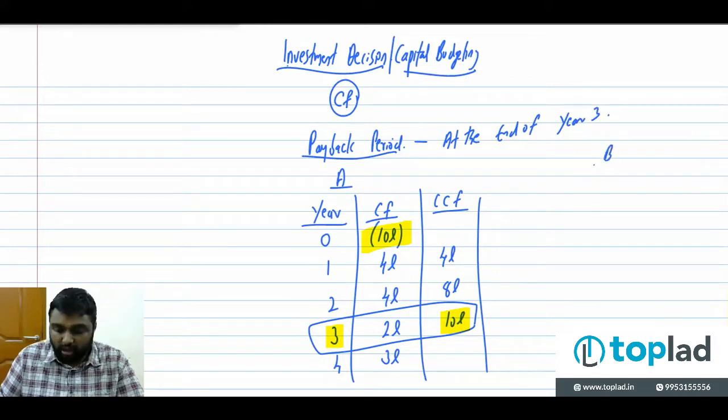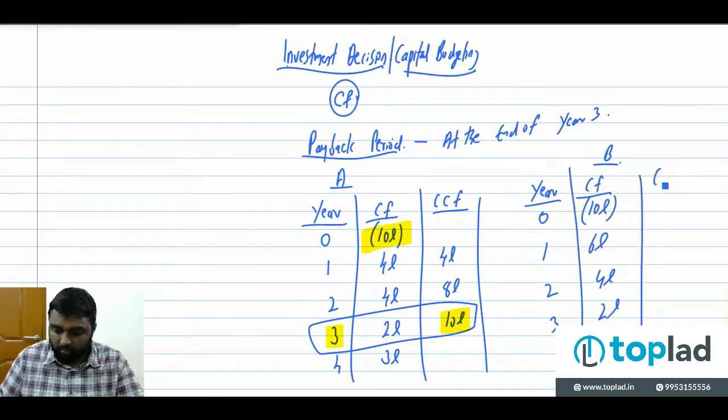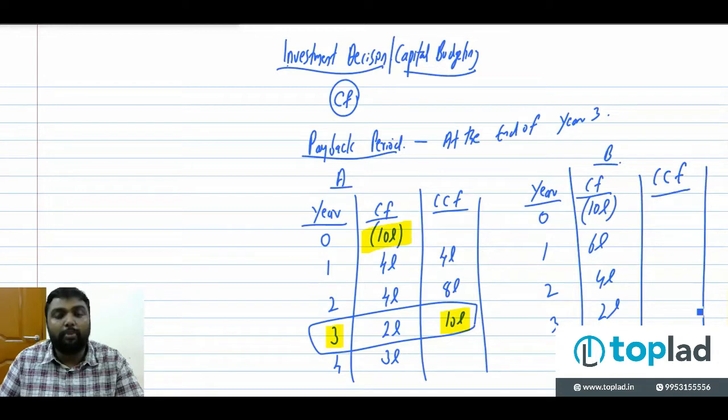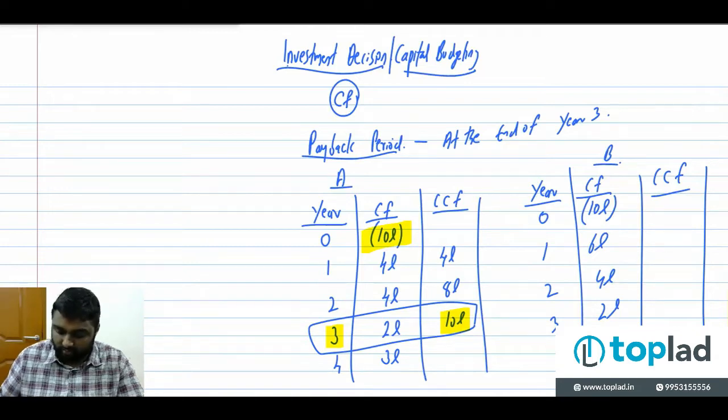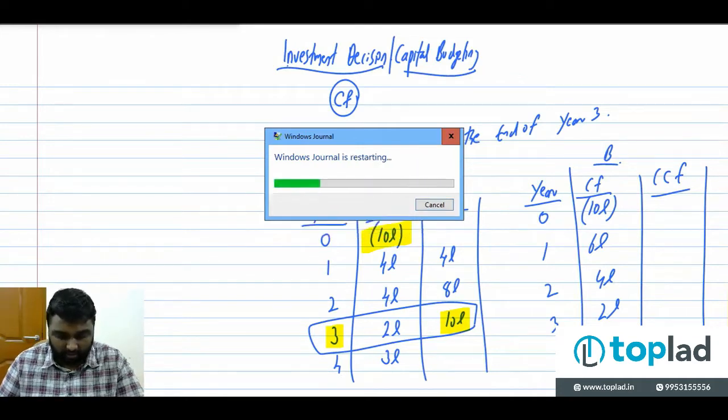Now let's say another project called project B. Year 0, the same cash flow of 10 lakh outflow. First year 6 lakh, second year 4 lakh, third year 2 lakh. How to find out payback period? For finding payback period, we have to convert cash flow into cumulative cash flow.